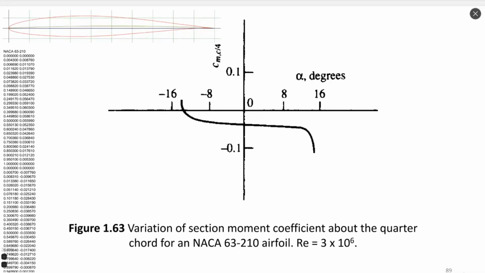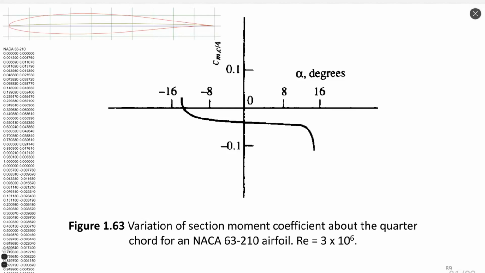About the momentum coefficient, usually momentum coefficients are relatively small. There are airfoils with zero momentum coefficient. For example, theoretically, according to the analytical model, all symmetric airfoils have zero momentum coefficient at 1/4 chord.